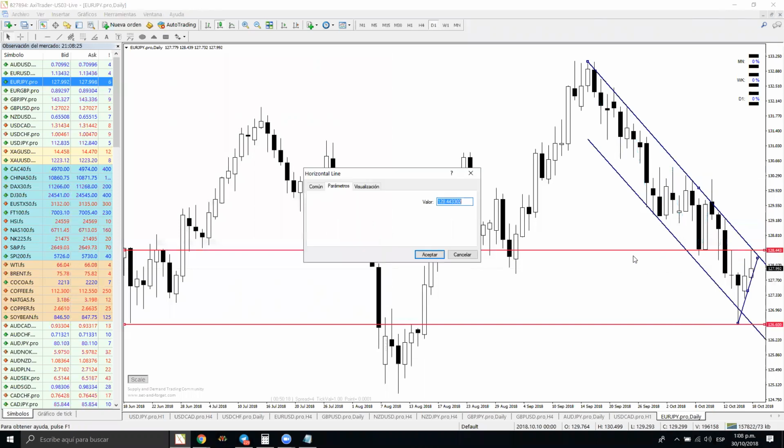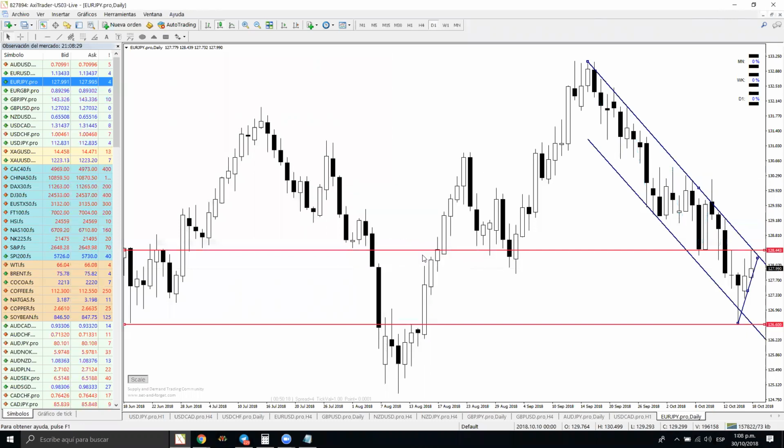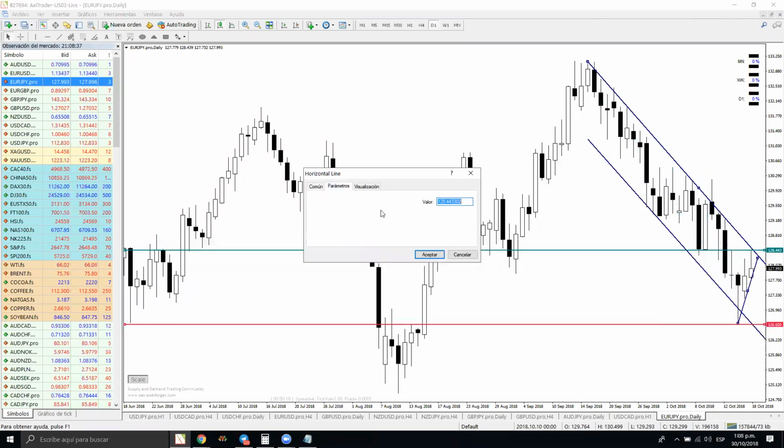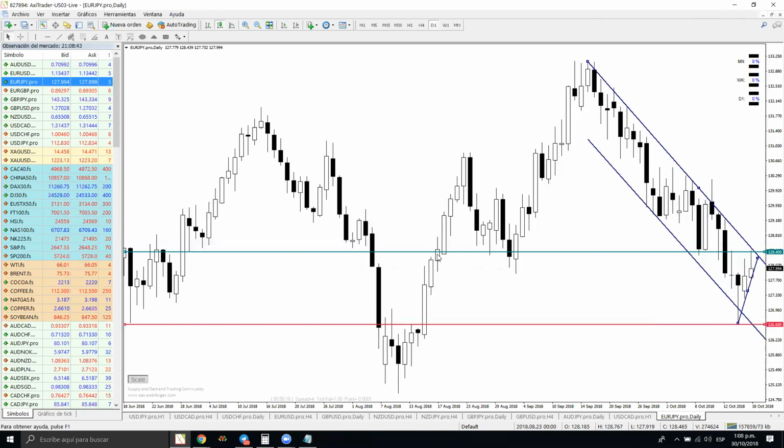This is the range that we are working for. Our resistance and our, let's go to a close number. I like to draw close numbers, 128.44. Okay, it works better for me to understand the market.